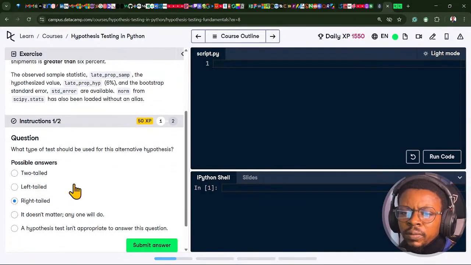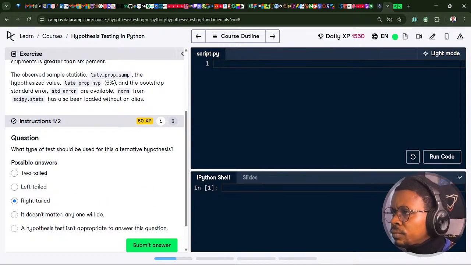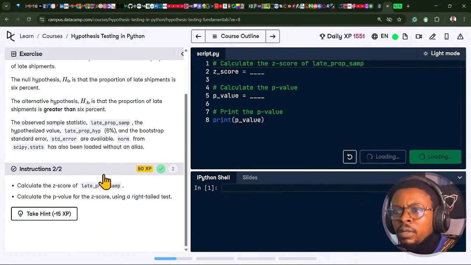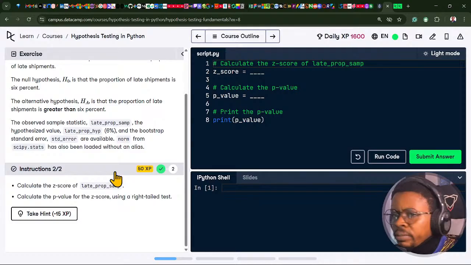So we're going to use definitely a one tail. I said it was right tailed already. So right tailed is the best answer.